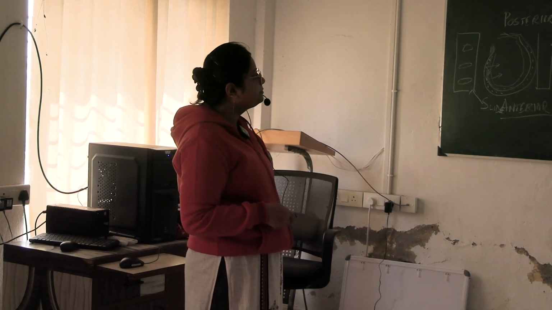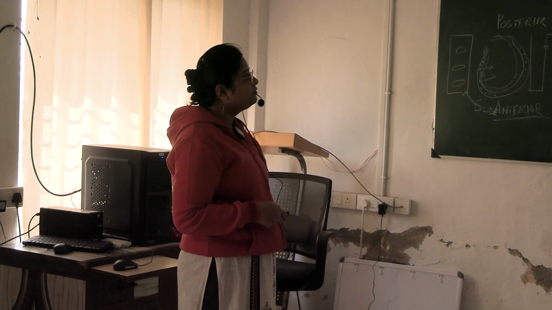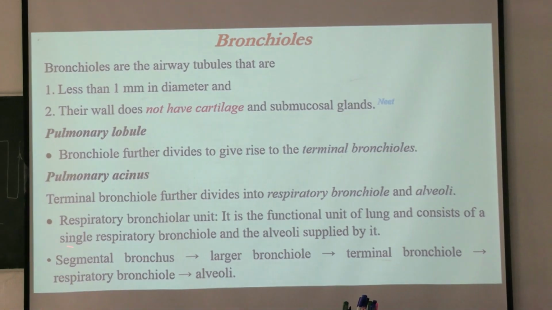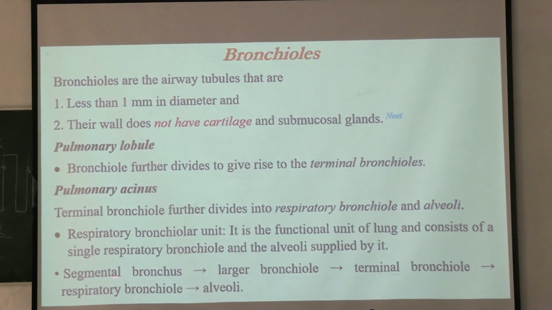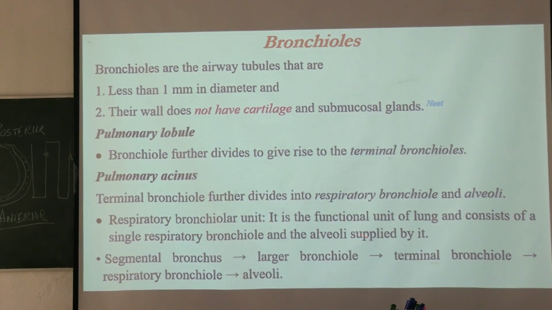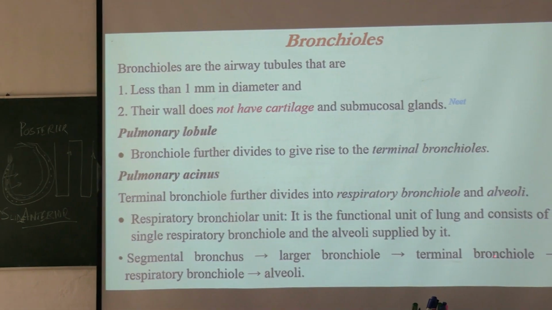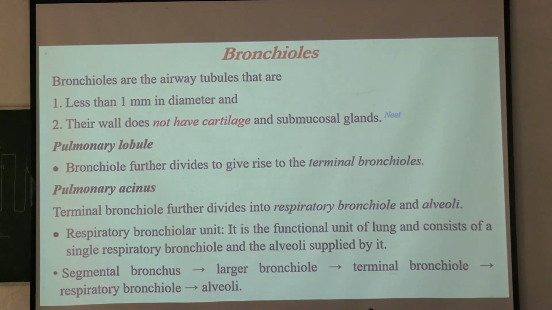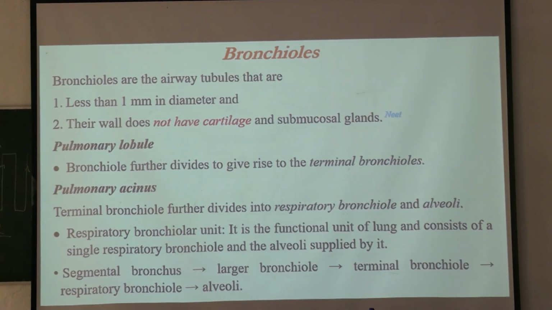These together form the respiratory bronchiolar unit. These divisions show the segmental bronchus dividing multiple times from the larger bronchi up to the terminal bronchiole, then respiratory bronchiole, then alveoli.